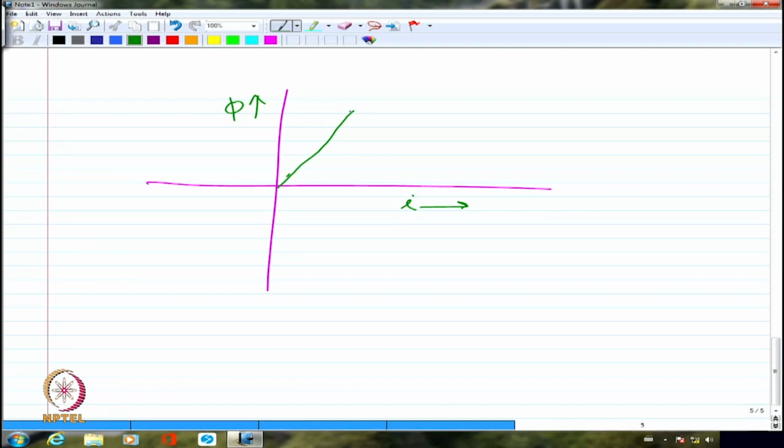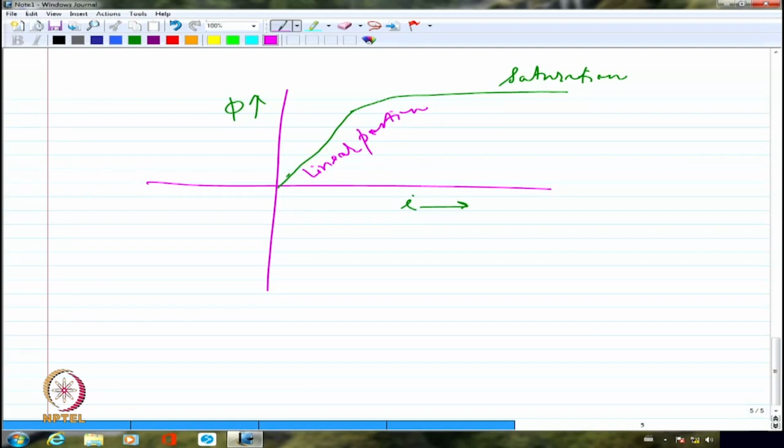But beyond a particular point, the increase will become less and less, and it will become almost flat. Where it becomes flat, this portion is known as the saturated portion of the magnetization characteristics. Right? And the initial portion is the linear portion.